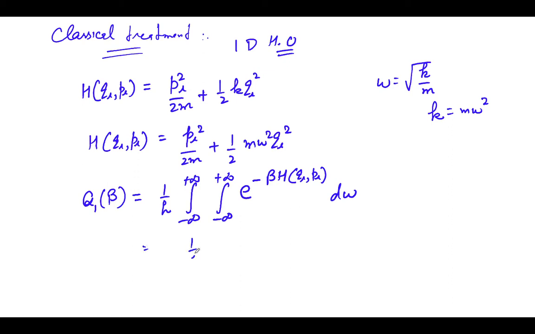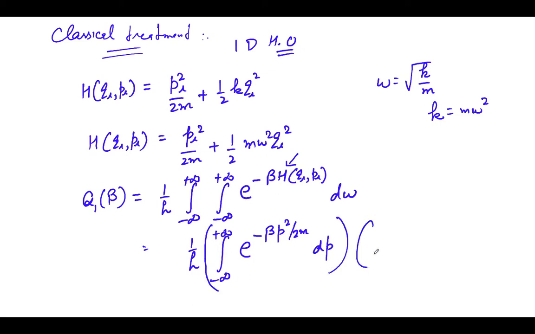So let us rewrite this problem. By separating these integrations and putting the value of H in the exponential function, the first becomes the integral of exponential of minus beta p square over 2m dp, which is the momentum coordinate, and the second integration depends upon the position coordinate, exponential of minus beta by 2 m omega square q square dq.